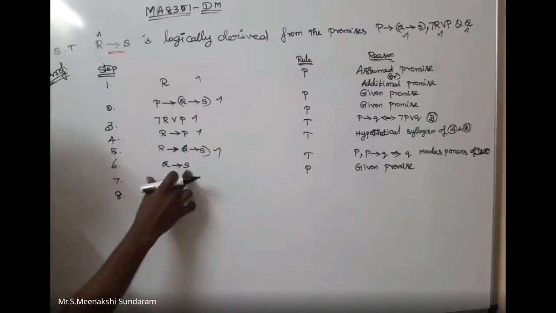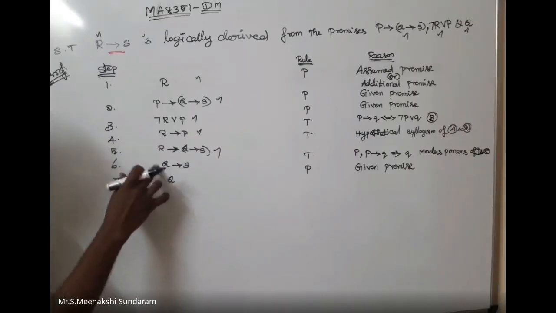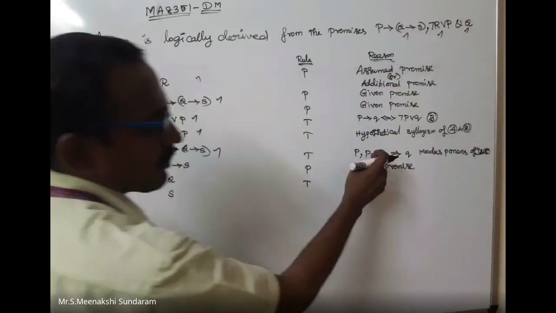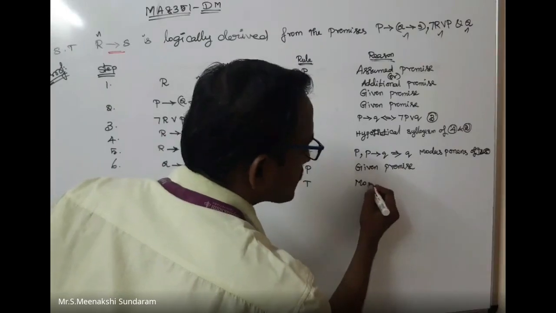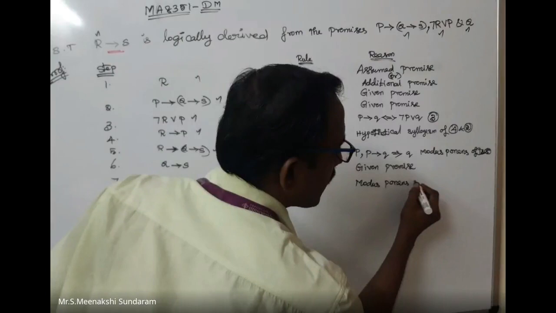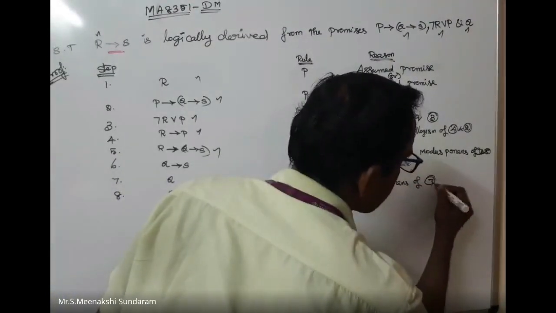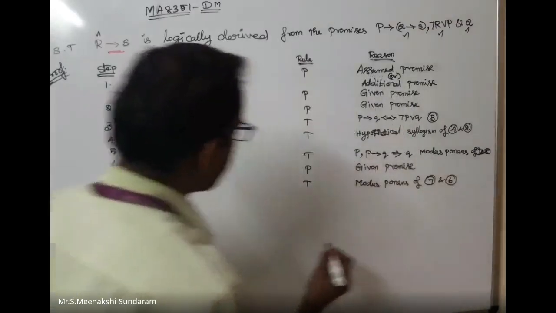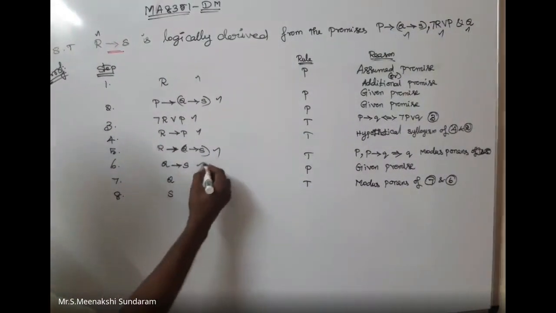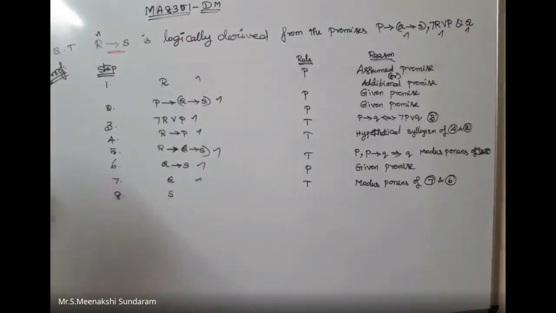Q comma Q tends to S can be written as S. Yes, so that is rule T, applying the formula modus ponens. What are the steps? 7 and 6. I'd like to apply modus ponens for these two steps in the end step. So all the steps I can use.